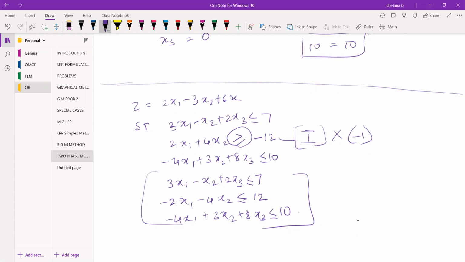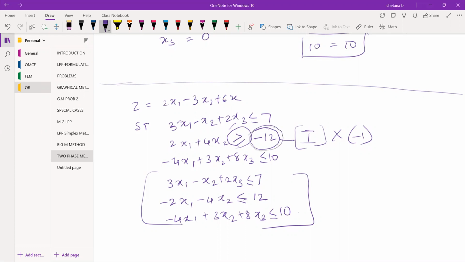And if it is for the big M or the other methods, one thing here, a good question. For the big M method, this is okay, but this is not okay if it is minus. If you are asked to solve this using the big M or any method, this right side cannot be a minus sign.